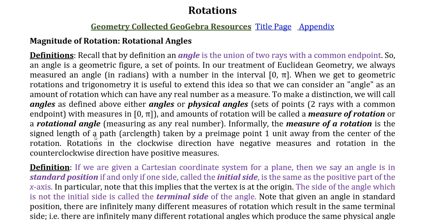Just like you had an odometer there, just measure how far it goes. And it could go around more than a semicircle, so it would go out a distance more than pi, and it could go all the way around the circle. That would be a distance of 2 pi, or even more, so it could have a bigger measure. And if we go in the other direction, we'll call that a negative measure.